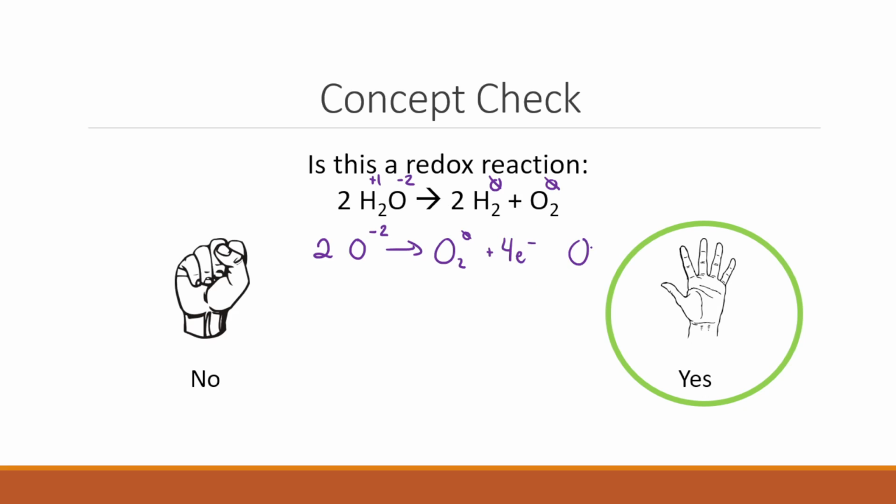The O is oxidized in this case, while the H's gain 4 electrons and become 2H2. Right, just taking apart this reaction to give us the two halves of that reaction.